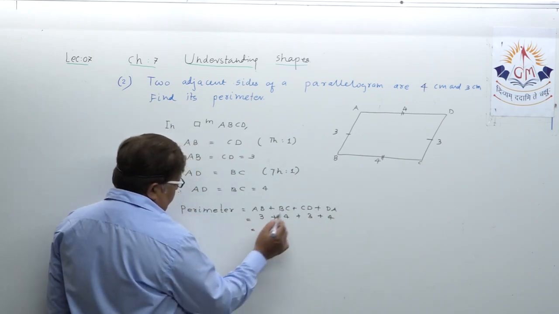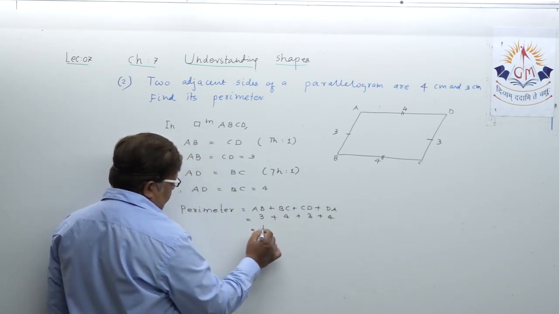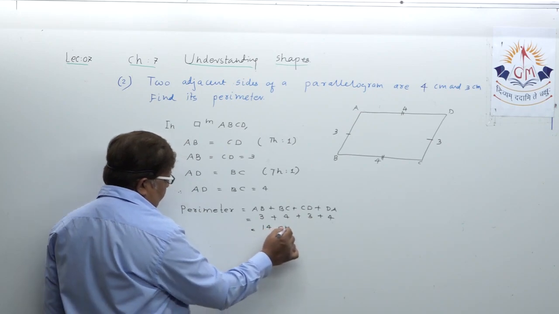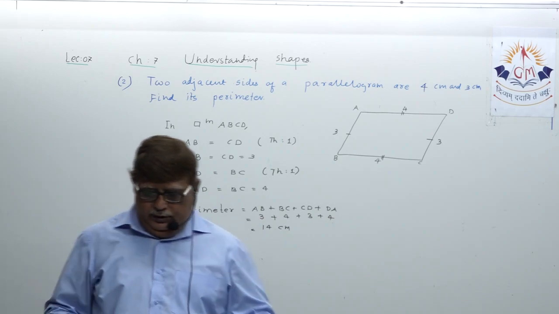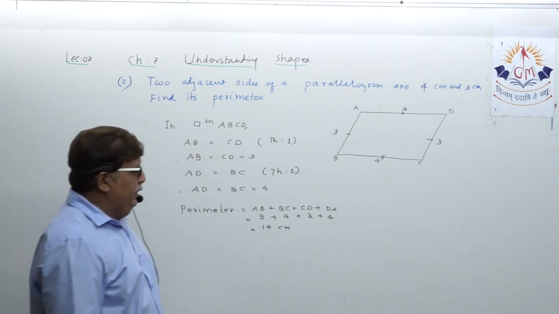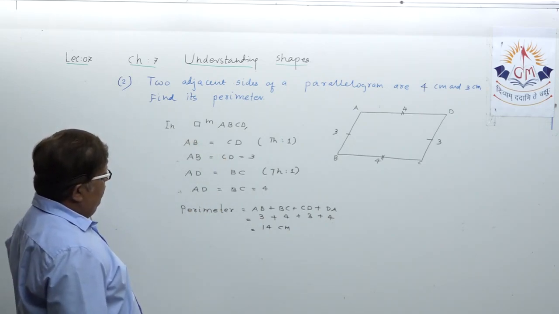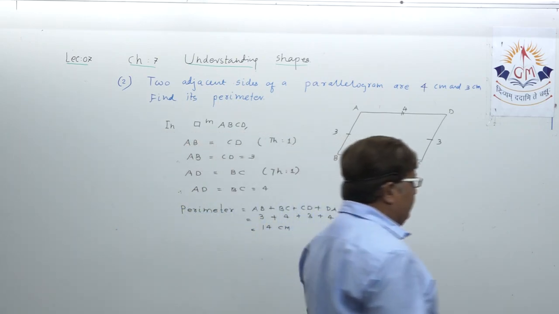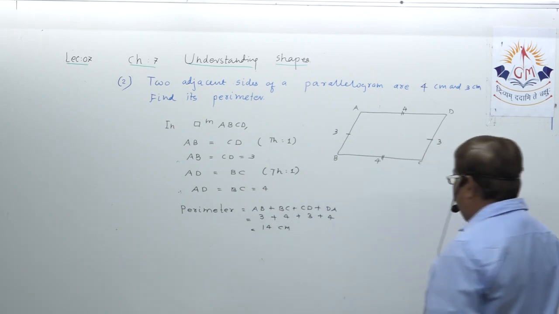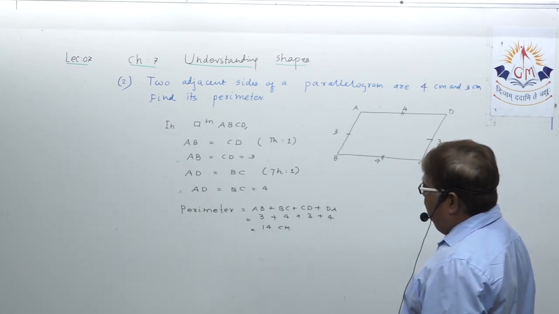This turns out to be 14 centimeter. Understood? Many students might have been able to solve this particular example. We are going to also discuss, no doubt, some difficult examples also.